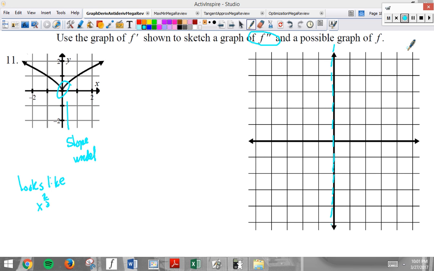Okay, so here I go. Positive slope. Getting steeper, steeper, steeper, steeper. Negative slope. Getting shallower, shallower, shallower, shallower. That's it. Now maybe you have a jump here to here.